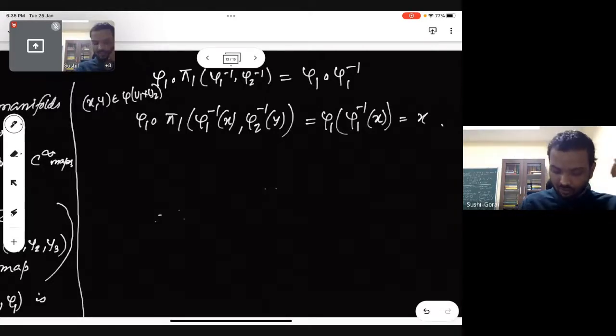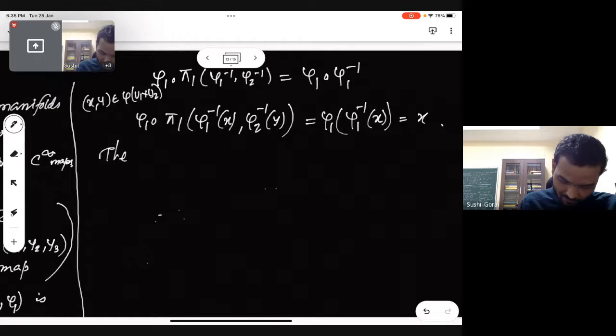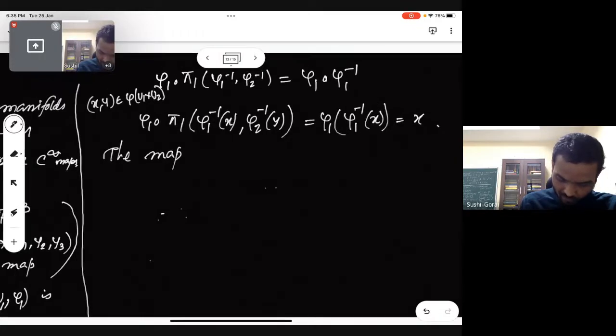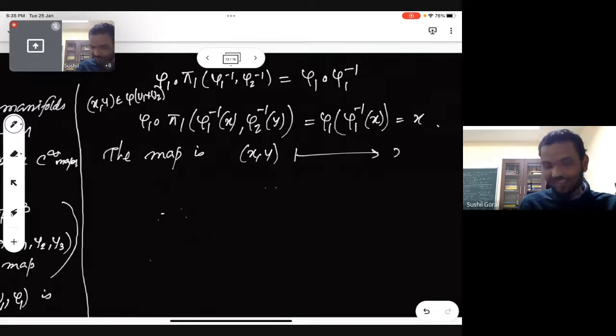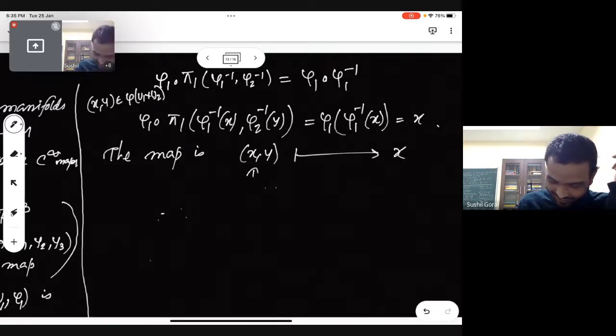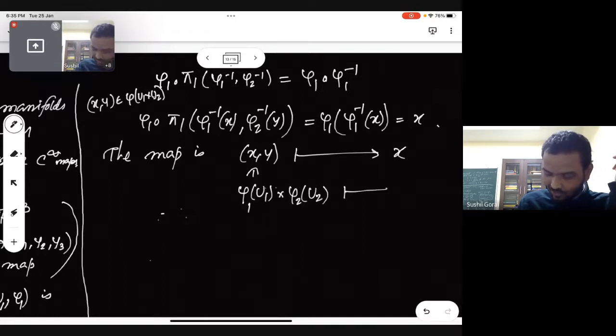So the map is (x, y) goes to x. Where does (x, y) lie? In phi1 of U1 cross phi2 of U2, and that goes to phi1 of U1.